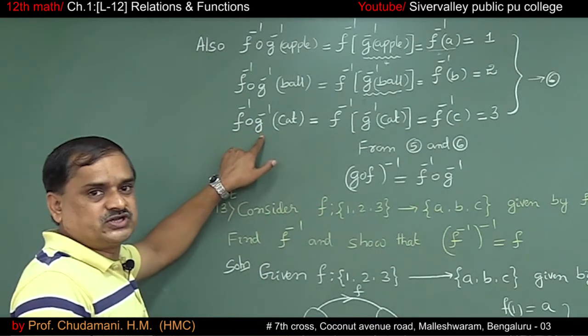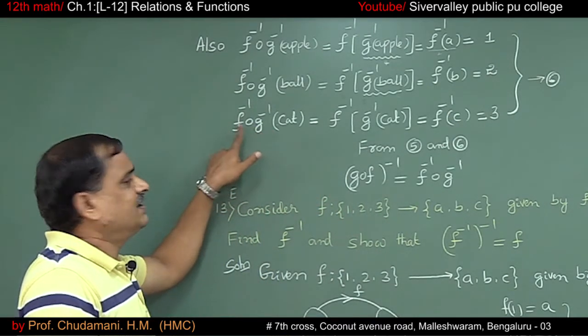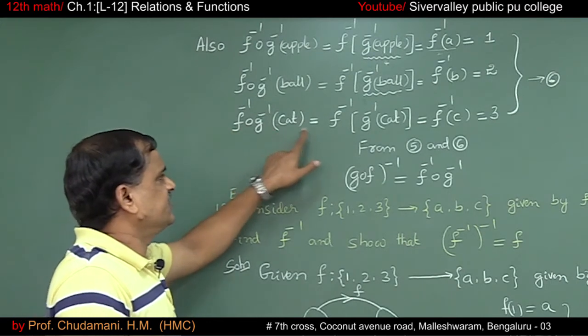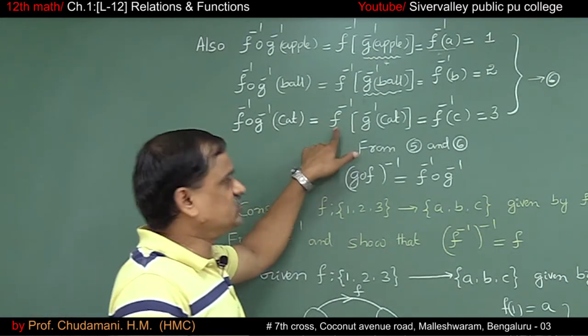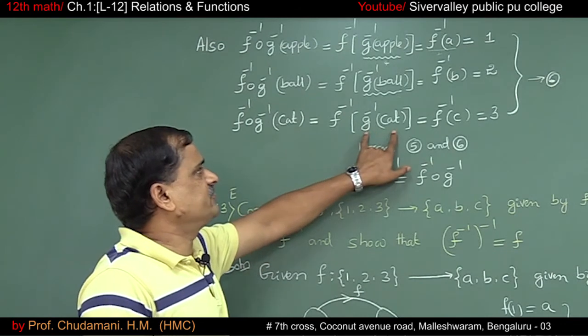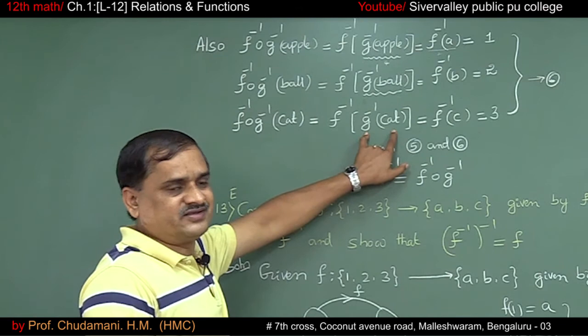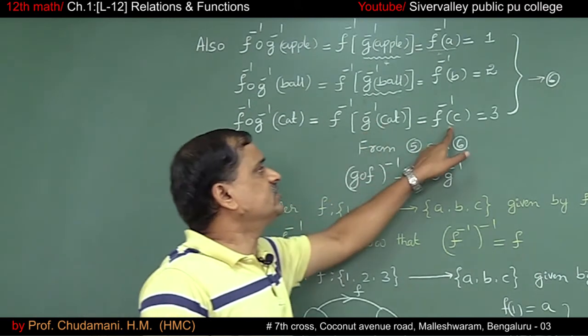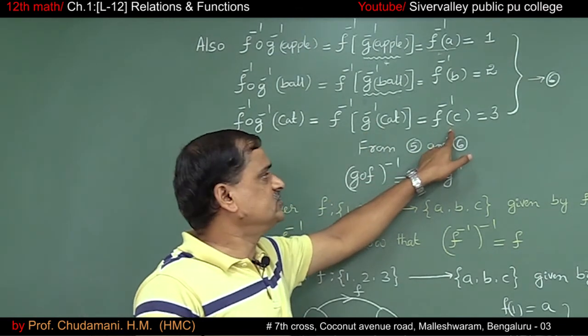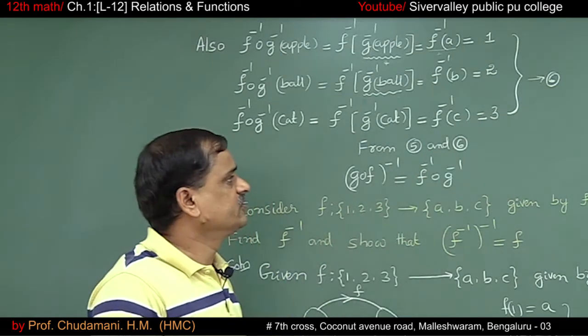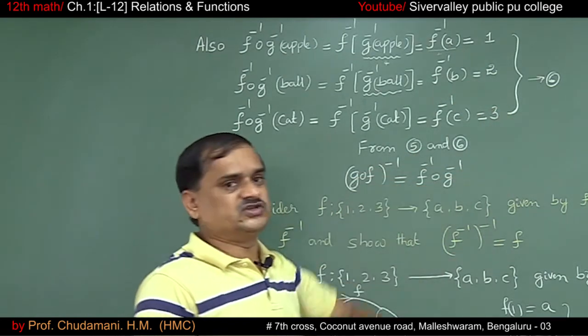Then composition of G inverse and F inverse of cat is equal to F inverse of G inverse of cat. By using equation 4, you can write this as C. So F inverse of C, from equation 2, it is 3. Call this equation 6.